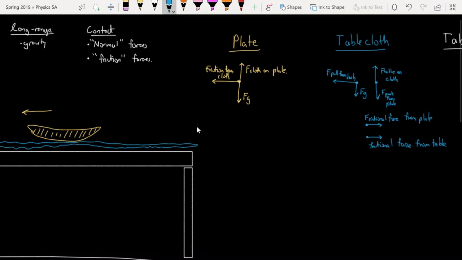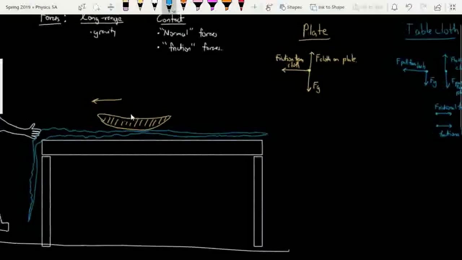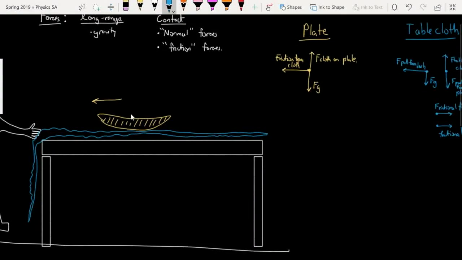But I really want you guys to ask yourselves, why are things moving the way that they are? So why is this tablecloth harder to pull when it's being touched by these two things? Well, that's because there's a frictional force being exerted from those two objects, the plate and the table respectively, onto that tablecloth in the opposite direction that you're pulling.